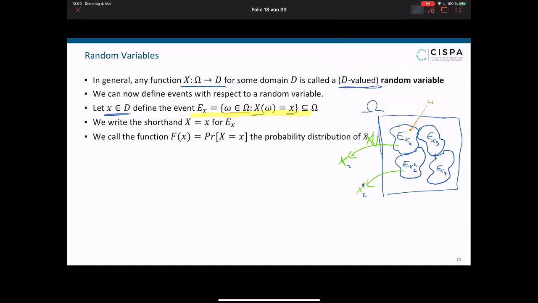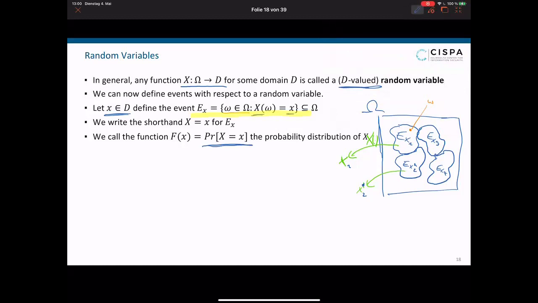But the point I'm trying to bring home is that typically we will define random variables just directly by the probability function.